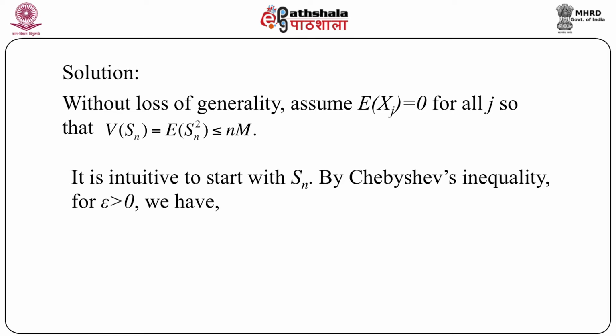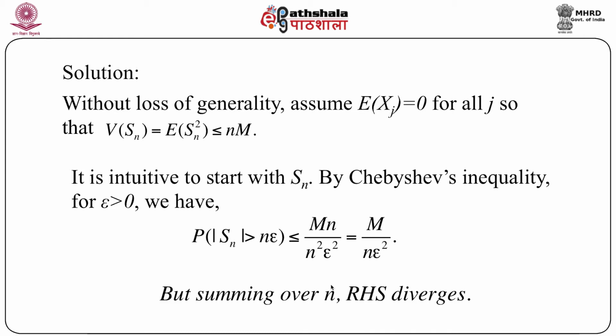If we apply Chebyshev's inequality for every epsilon greater than 0, we immediately write probability modulus of Sn greater than n epsilon is less than or equal to Mn by n square epsilon square. Because sigma square is bounded by M, eventually this gives us M by n epsilon square.